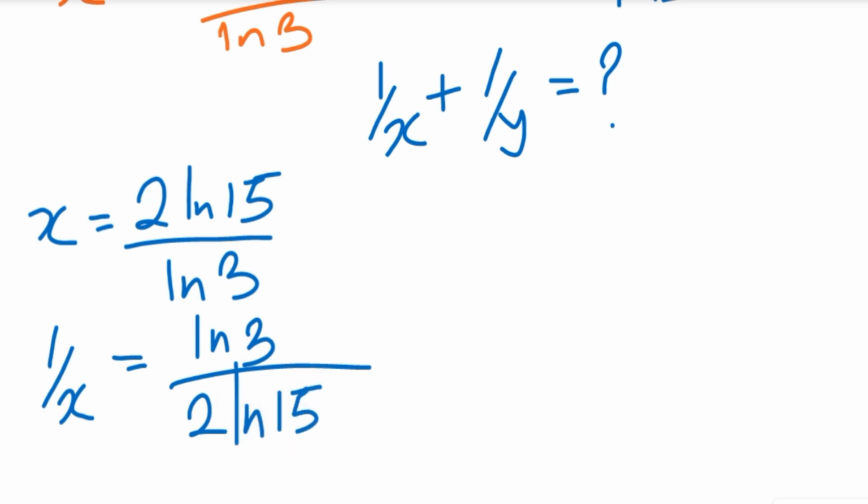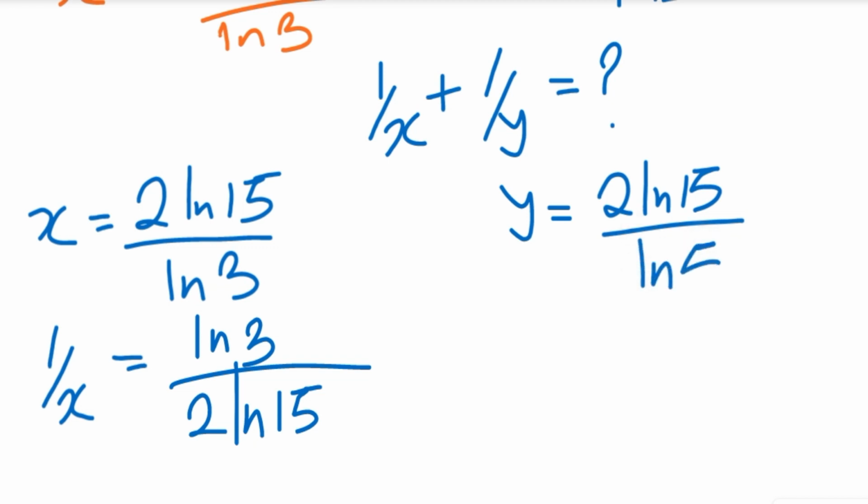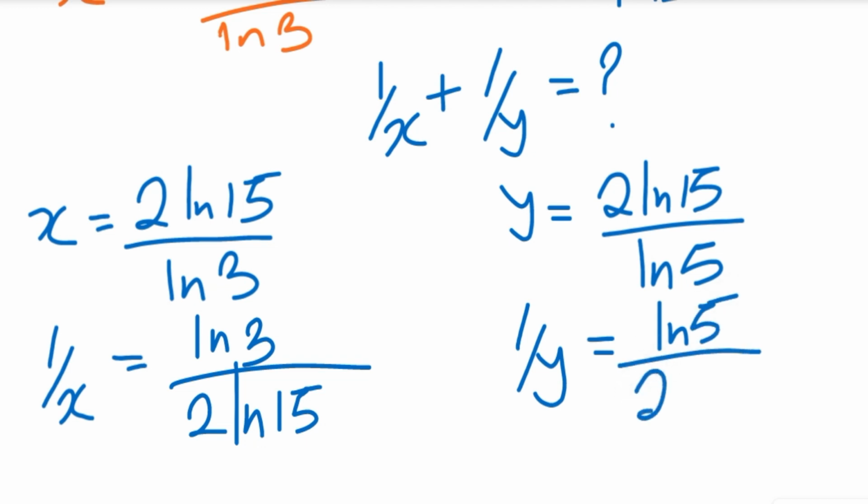Same goes for y. The y value is equal to 2 multiplied by the natural log of 15 divided by the natural log of 5. The reciprocal 1 over y will be equal to the natural log of 5 divided by 2 times the natural log of 15.